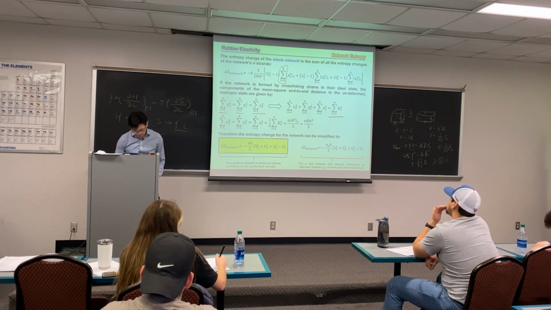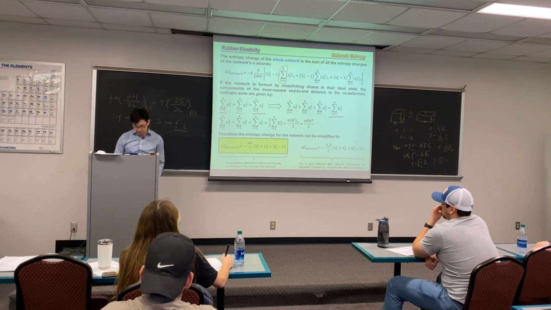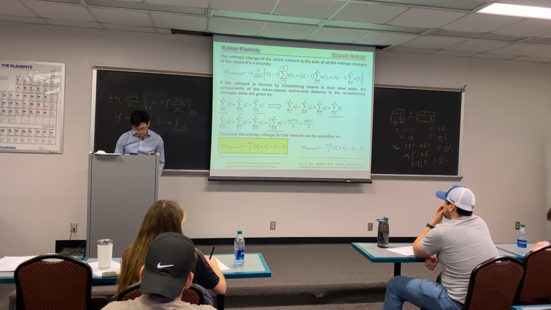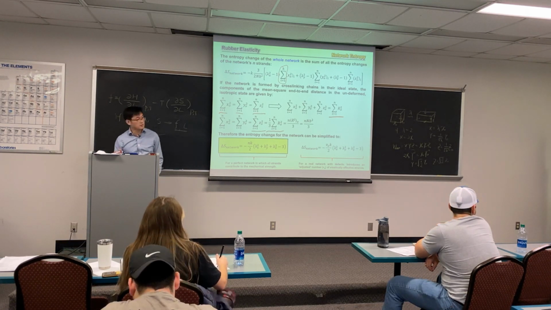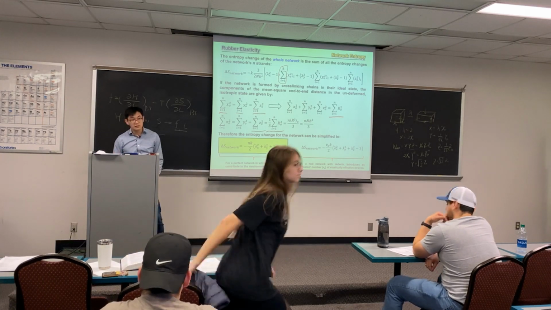If x0, y0, and z0 are equal, then each of them will be 1/3 of this r0 square. Okay? As stated here. Why do we need to make this assumption? Because later it will become important while we calculate the density of strands. Density of strands will be critical.